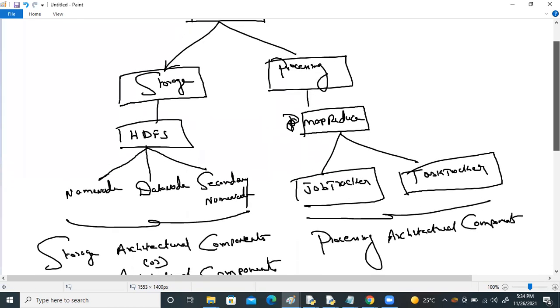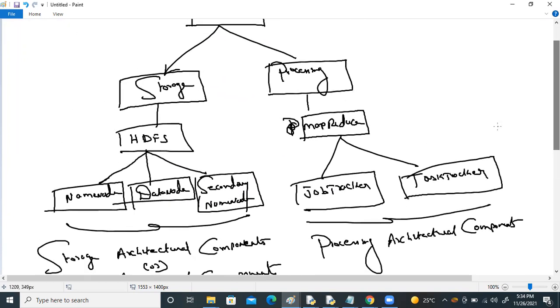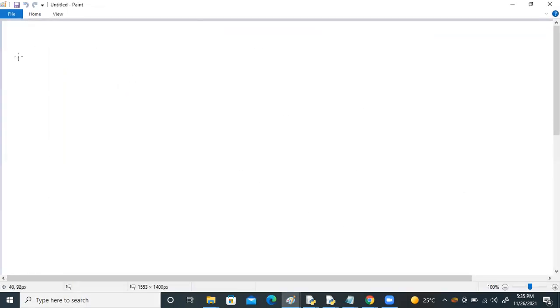First we discuss the name node, data node, and secondary name node. What exactly happens within the name node? Observe this first.